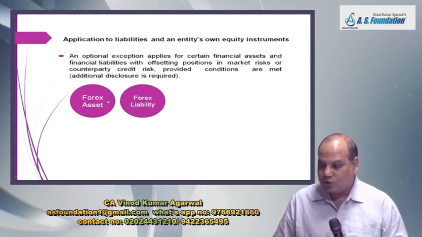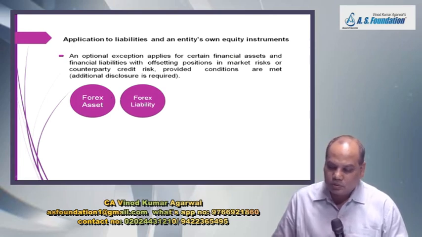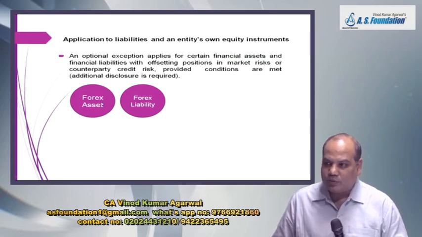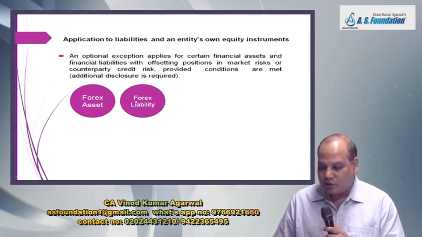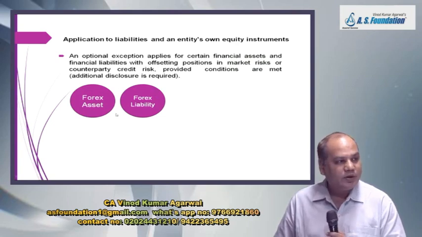If the rate of exchange goes up, value of the asset will go up. There will be an exchange gain here, but there will be loss, vice versa. If exchange rate falls down, there may be a loss here and there will be gain on the foreign exchange liability. So in this case, what we can do, we can calculate the fair value on a net basis.